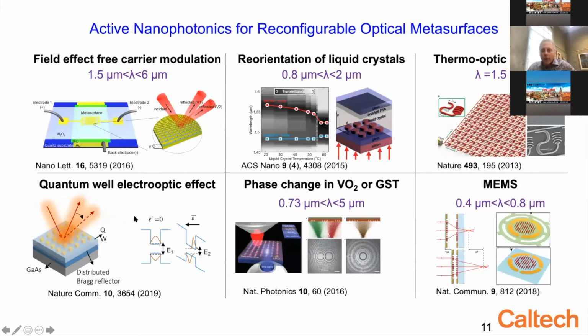So we have at our disposal for active metasurfaces a number of modulation mechanisms for altering the complex permittivity of materials. One that I'll describe here as we go forward is field effect modulation of the free carriers in a semiconducting or conducting medium, and that therefore modifies the complex permittivity, which in turn modulates the amplitude and the phase.